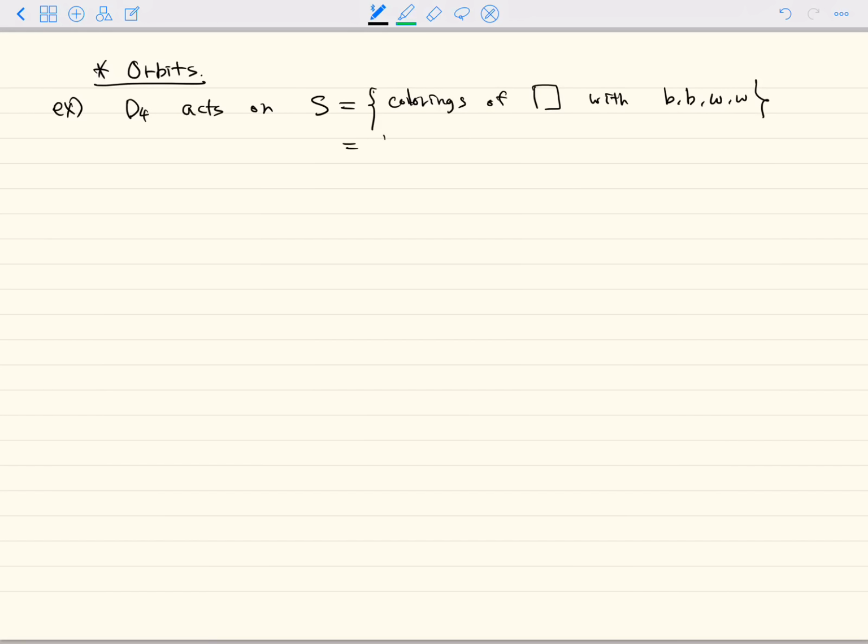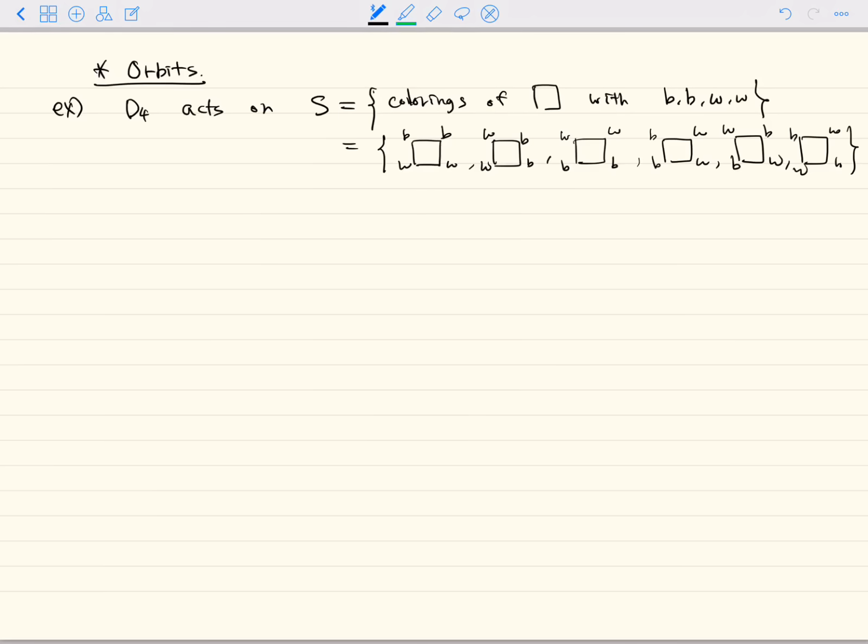So if we list them all, like B, B, W, W, and so on, there are 6 elements like this. Alright? There are 6 elements in this set, and D4 naturally acts on this set.